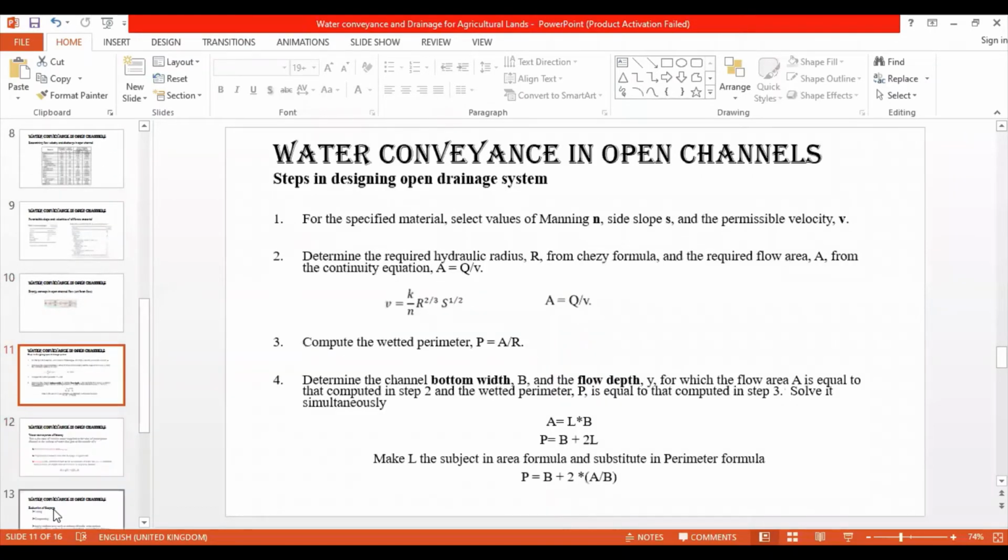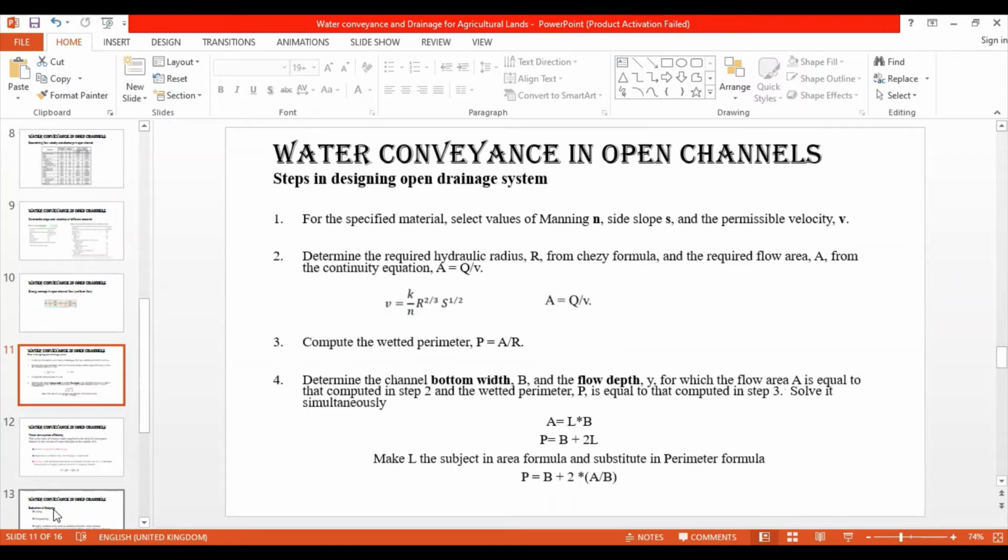So now, since we've seen those factors that affect flow in open channels, we're just going to go through a simple procedure which we can use when we're designing an open channel.